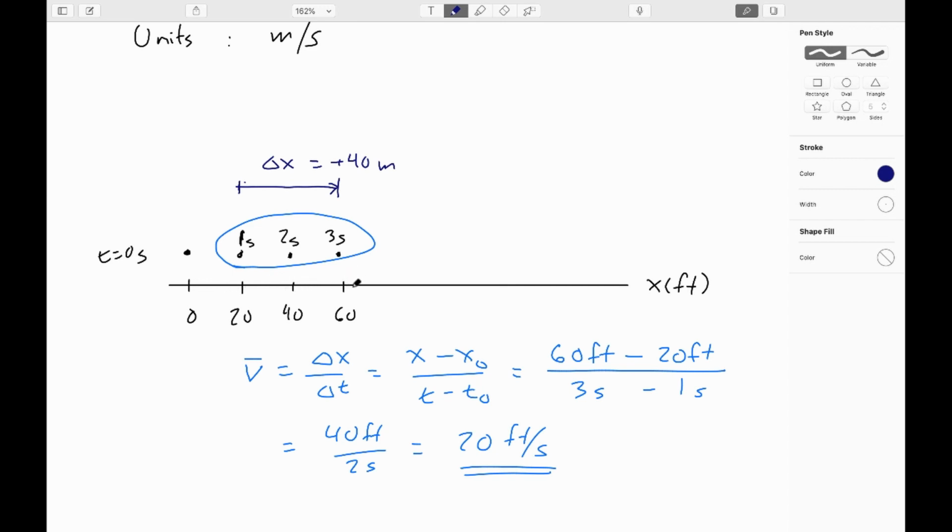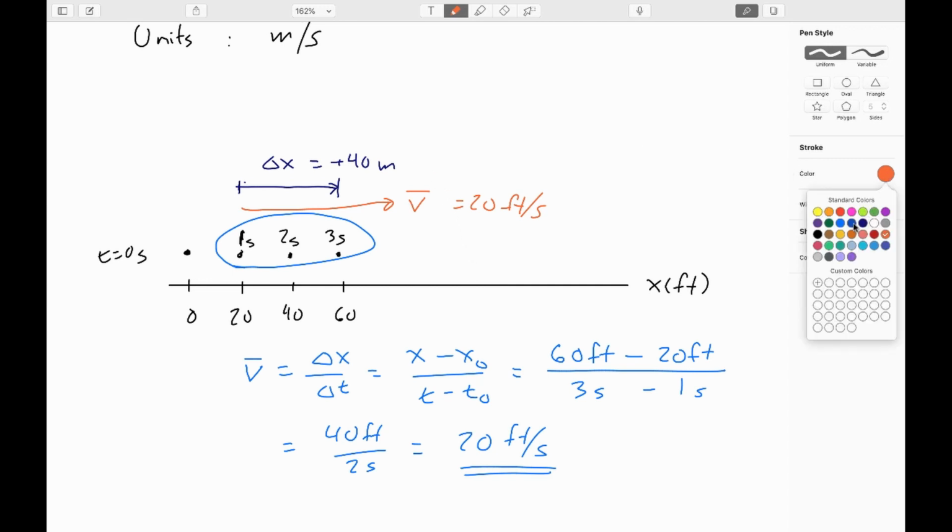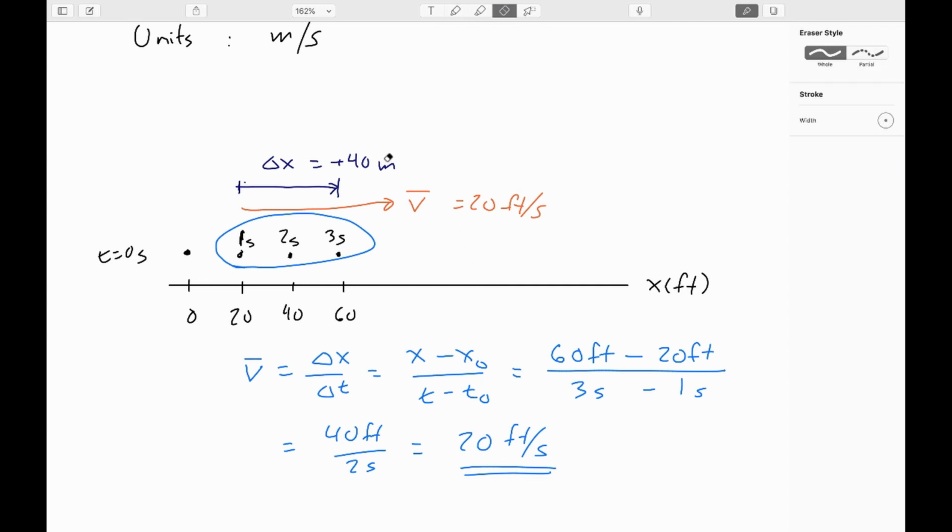I displaced 40 meters to the right. So I could draw a matching average velocity vector. Let's use orange. Say that. And that would correspond to my 20 feet per second. Now wait a minute, you say. Or sorry, not 40 meters up there, obviously, 40 feet. My bad.